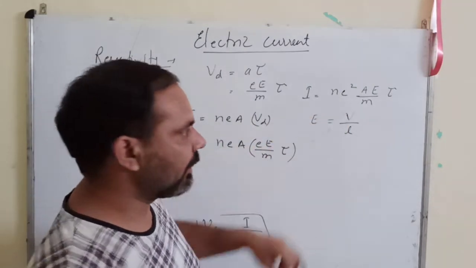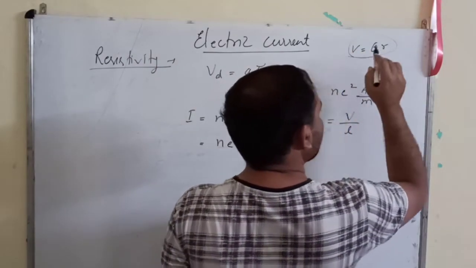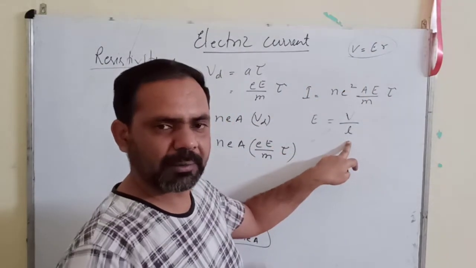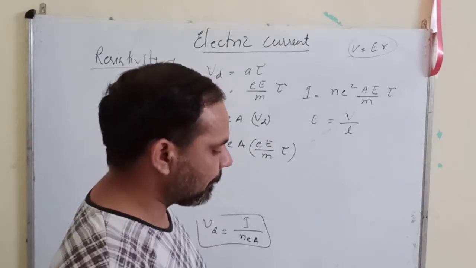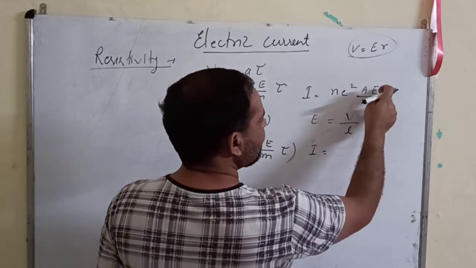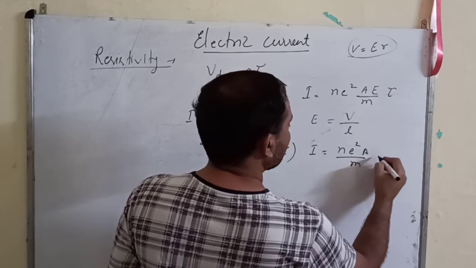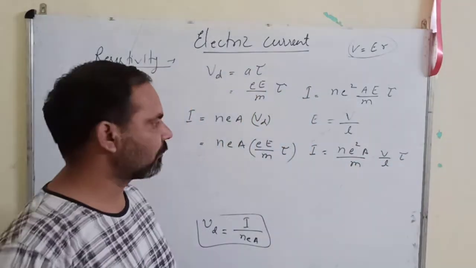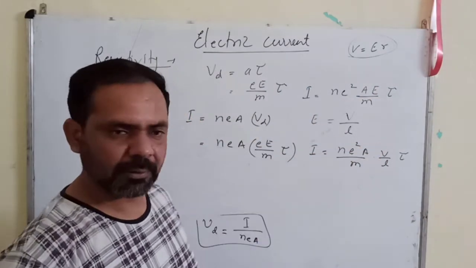For the electric field, we had the formula V is equal to E into L, so we obtained E equals V upon L. So I becomes, now replace this E, N E square A upon M into V upon L into tau.